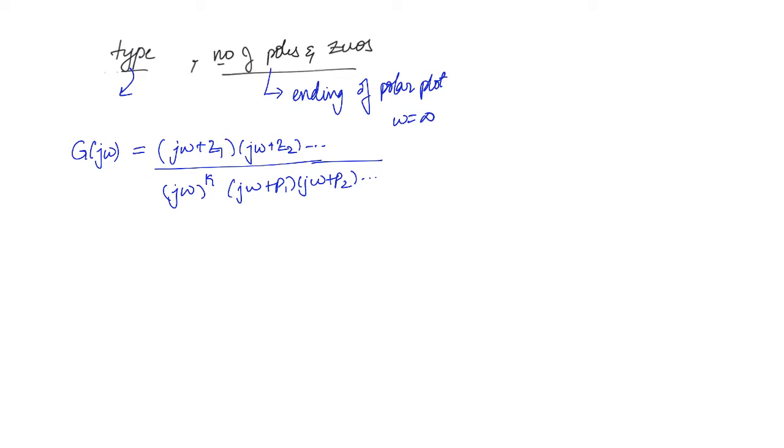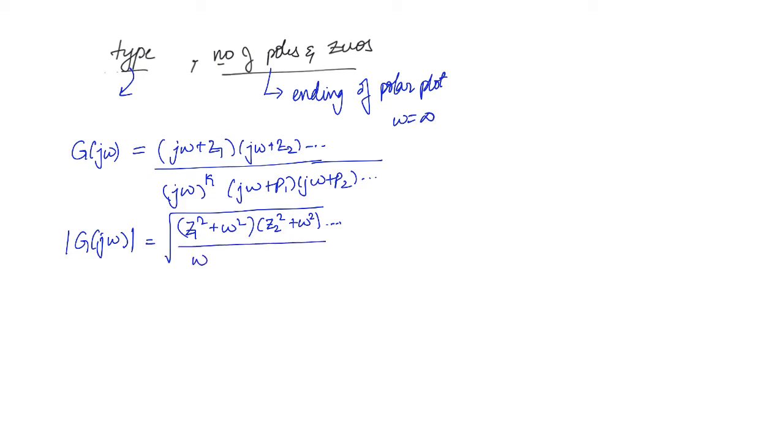Okay, so here if you take the magnitude mod G of j omega, you will get root over (z1 square plus omega square)(z2 square plus omega square) and so on, divided by omega to the power 2k, into (omega square plus p1 square)(omega square plus p2 square) and so on.